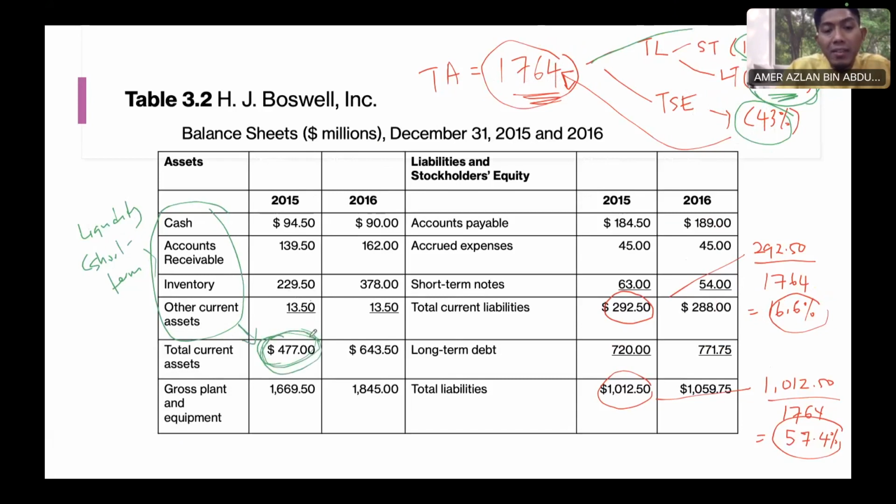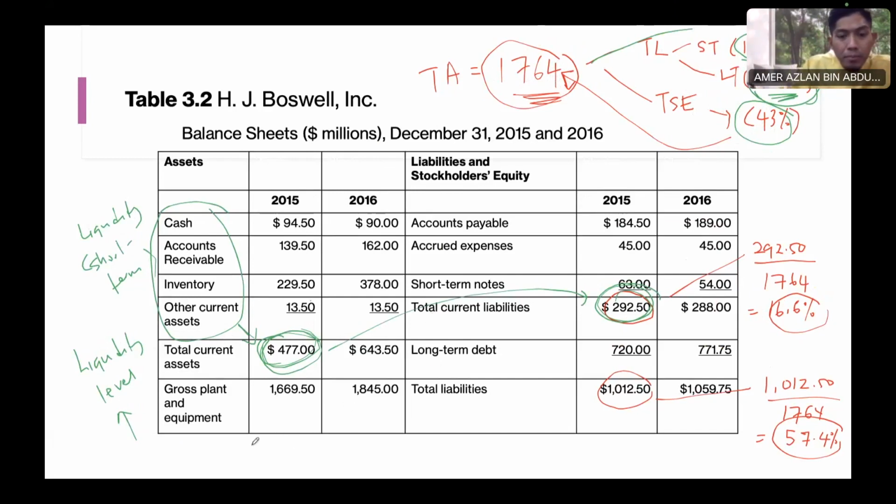If the company has a much higher value of total current assets compared with the total current liabilities, that means the liquidity level of this firm is high. Tahap kecairan syarikat ini sangat tinggi.